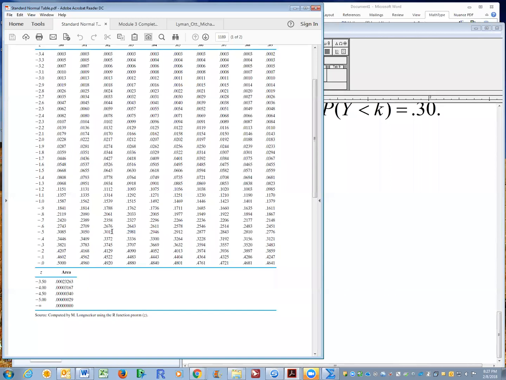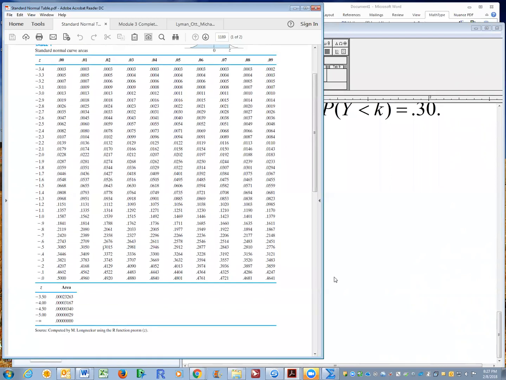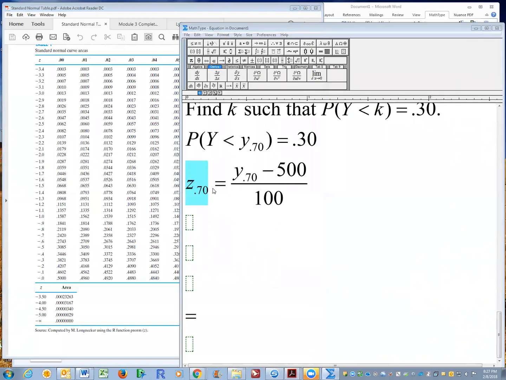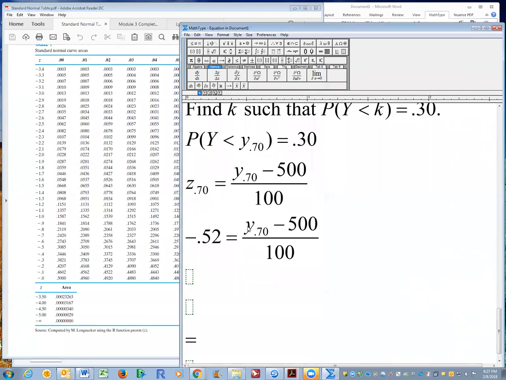Actually, no, this one is closest to 0.3. So z is negative 0.52. Maybe that's what you meant to say. So negative 0.52 equals this expression here, and then you solve for that. Amber, you got the right answer at that point.